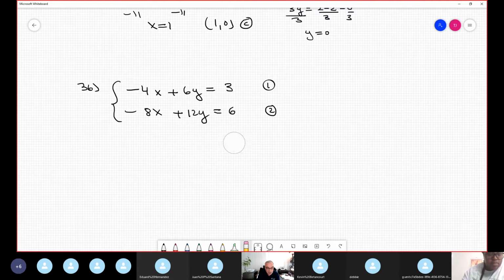If you divide the second equation by -1, the only thing you are doing is changing the sign. My equation number 2 is 8x minus 12y equals -6.